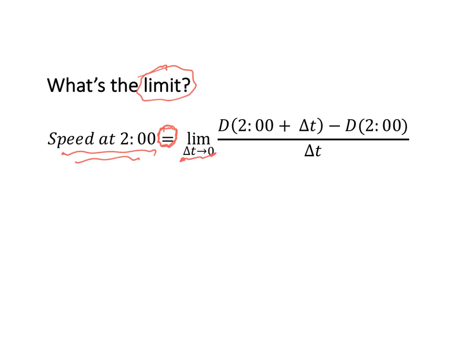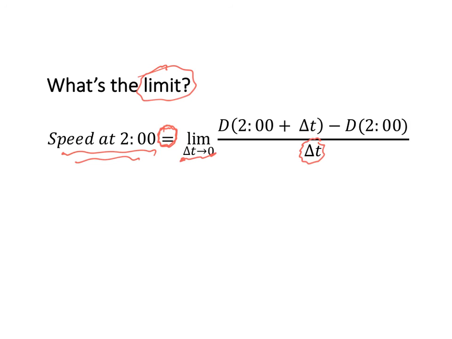So just a very small amount of time from 2 o'clock, the distance it travels between 2 and that small amount of time above 2, divided by that small amount of time, that's going to be the speed. And again, notice we're saying this is equals.